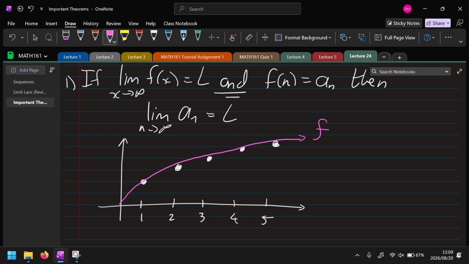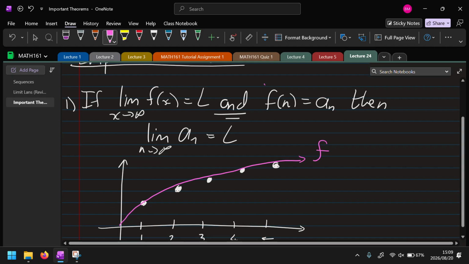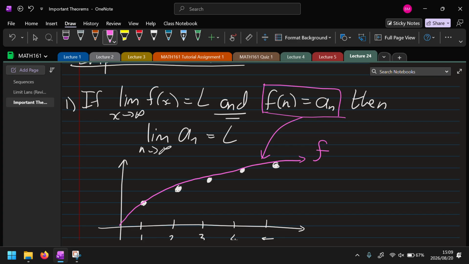Does everyone see that? So it's a continuous function that we can draw through the sequence there. That's what this means over here. It matches at n equals 1, 2, 3, and so on.